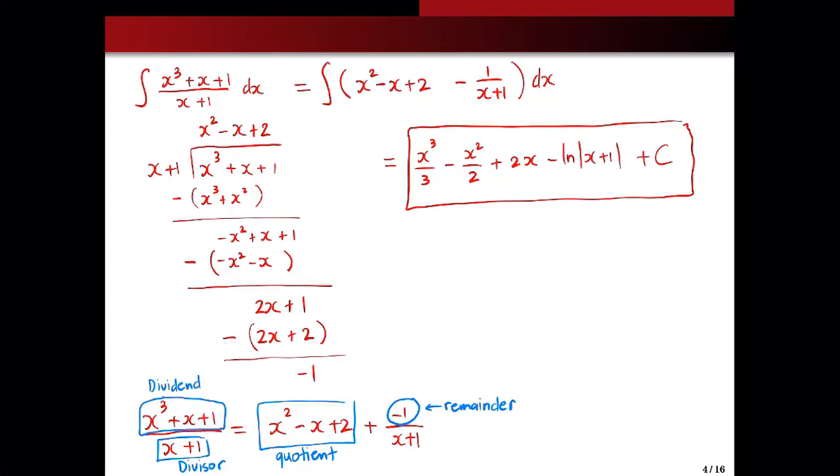If the degree of the numerator is greater than or equal to the degree of the denominator, do the long division. Unless, of course, you can factor the numerator and the denominator, and maybe you can cancel something, etc.